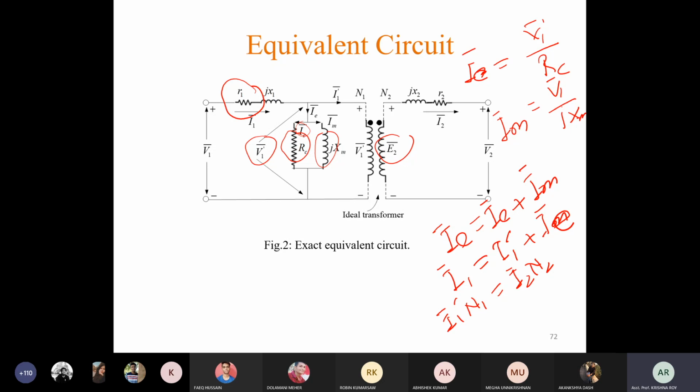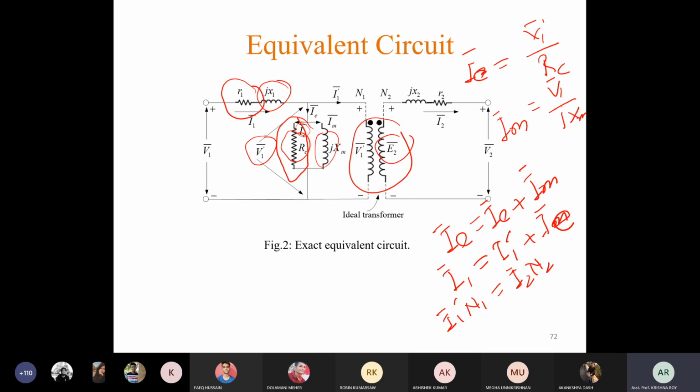So again that is separately shown, and in this winding there is no leakage. Now core loss is shown by this part, so no core loss is there in this winding. Again on the secondary side, R2 is the secondary winding resistance, Jx2 is the secondary leakage reactance, and the exciting current part, that means the core loss part. The core is common to both, so only this RC is sufficient to represent the core loss.